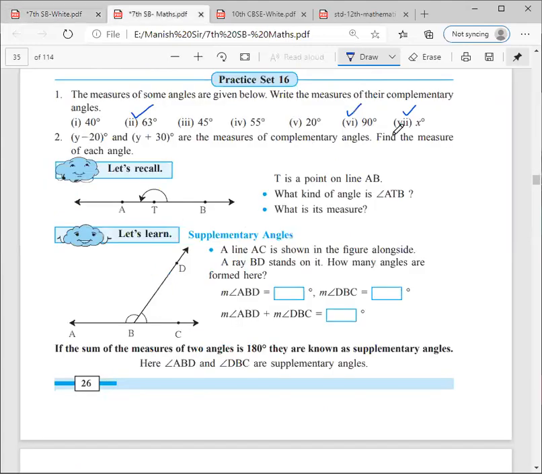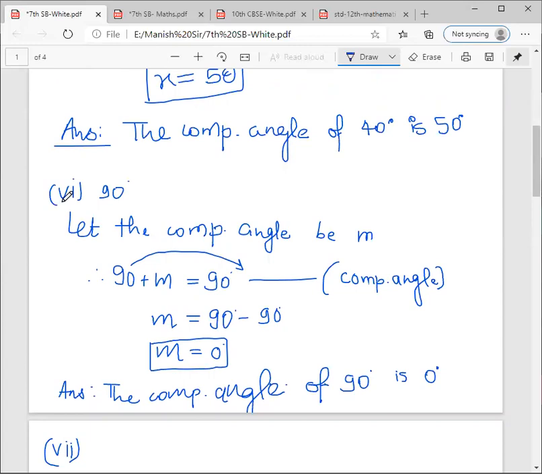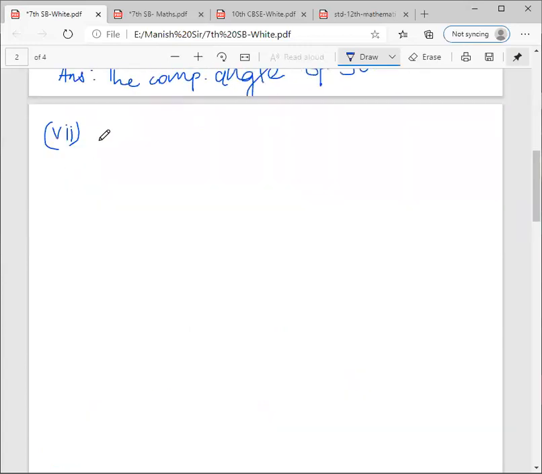Question number 1. That is x degree. They have given an x degree angle. So what will we write at this place?